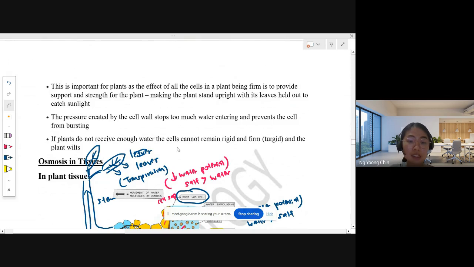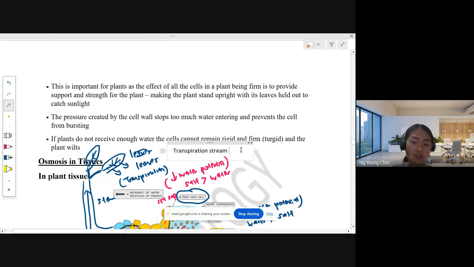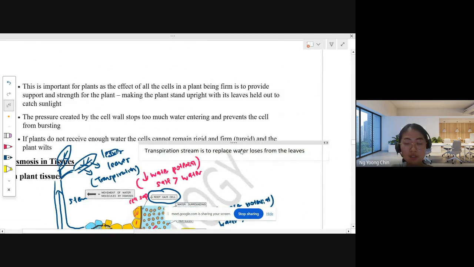So the transpirational stream is to replace water loss from the leaf by transpiration.